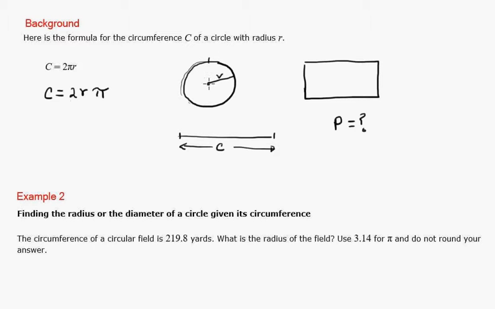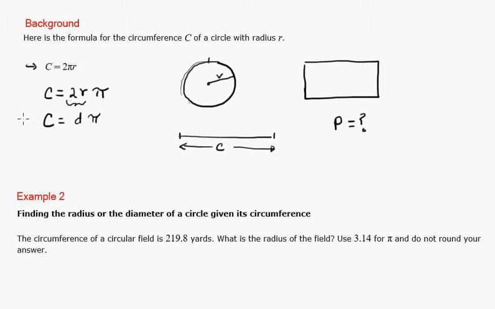The diameter is the distance all the way across, so that's 2 times r. So we could say that the circumference is also the diameter times pi.